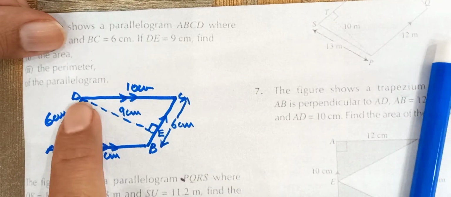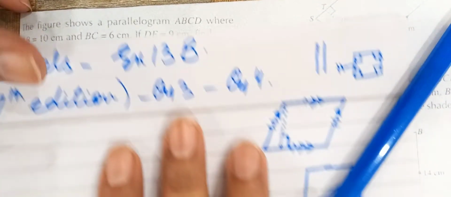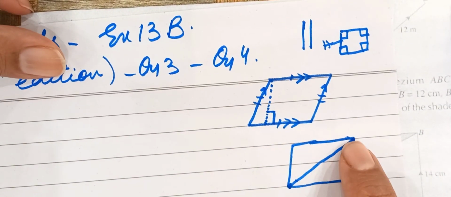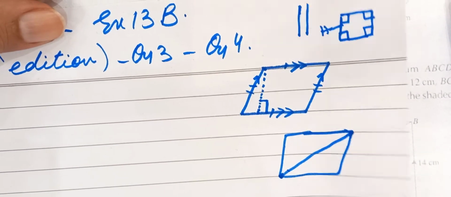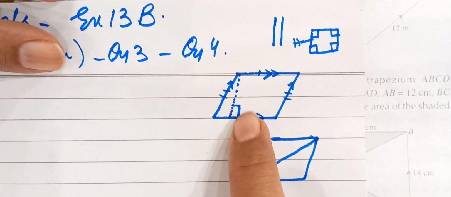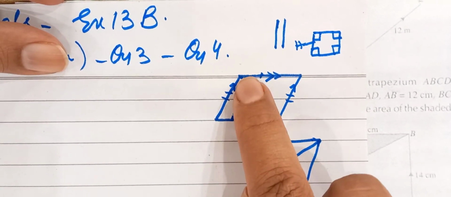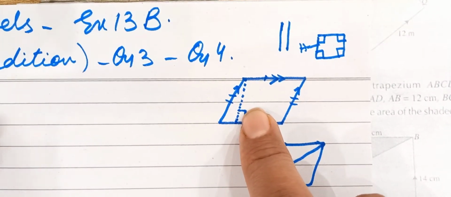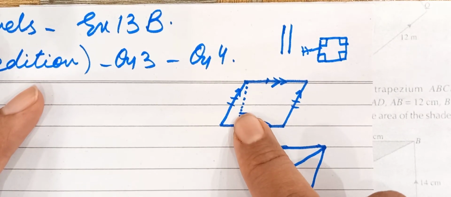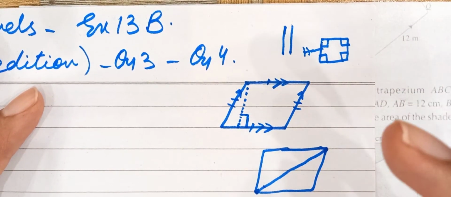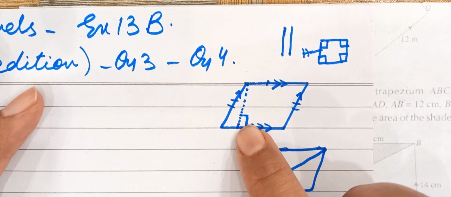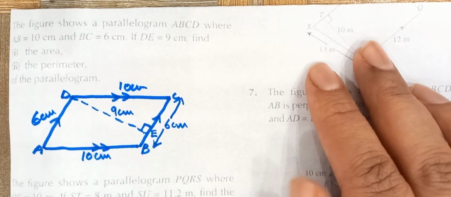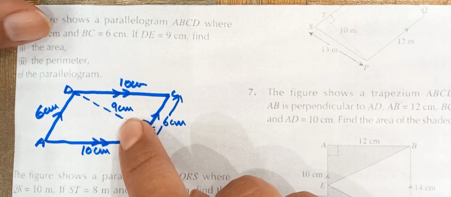Now DE is not the diagonal. A diagonal starts from one corner and ends at the other corner. Now we know that any line which makes a 90-degree angle inside a parallelogram or any tilted shape is height. So we know that this is height.